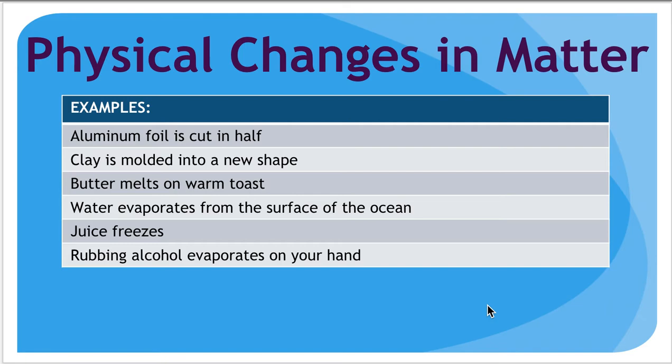Butter melting on warm toast. It's still butter. Water evaporates, like we've seen so much when we've been talking about the water cycle. It's still water, water vapor. When juice freezes or when rubbing alcohol evaporates, that rubbing alcohol is still there. It just evaporated.